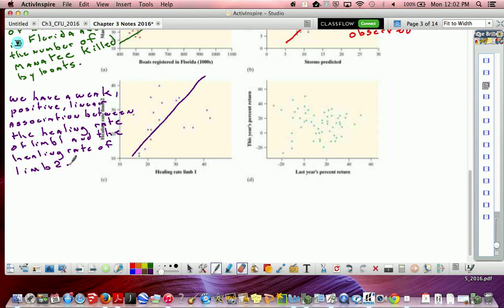If the points are really scattered like that, how would you know if it's positive or negative? Well, what I would start to look at is, as my x values are increasing, are my y values going up or going down? On this first one, most of my x values as I go this way are going up. On this one, though, as I pick x values, I'm getting more points that are down than up.